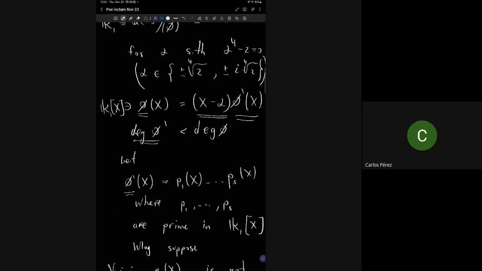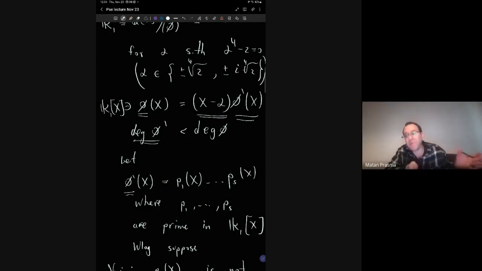Some of them may be linear, so some of them may be like x minus alpha_i. Okay, so it could be that in K1 of x, phi has more than one root.